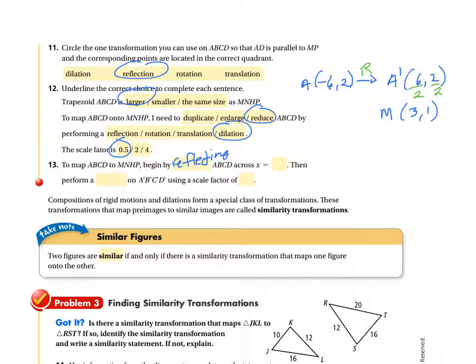Okay, so they're looking here for, this is the y-axis. The y-axis is x equals what number? 0. And you might want to put up here that that's the y-axis. So we're first going to reflect across the y-axis and then perform a what? Dilation.